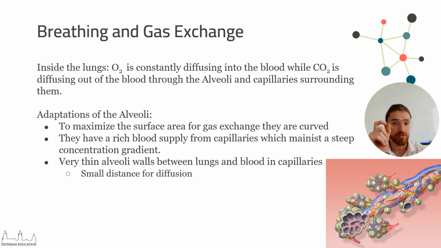Okay, so there's only two cell layers between the capillary and the alveoli that the gas needs to diffuse through. They are circular shaped to increase the amount of surface area, and there's a rich supply of blood around them. As you can see in this picture here, there are many capillaries around one alveolus to try and get as much surface area as possible for gas exchange to occur.